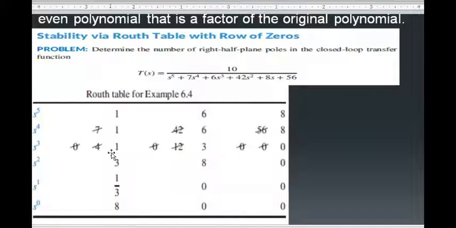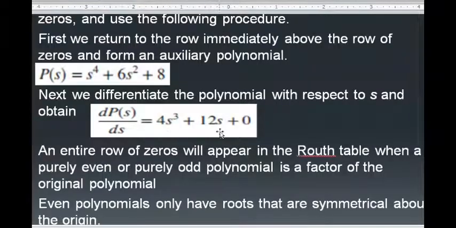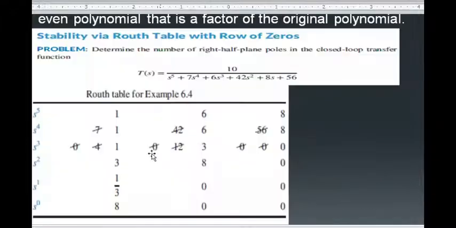Only in this case it looked a little complicated because 4 and 12 are also divisible by 4, so you get 1 and 3. It's the same. Maybe in other cases they are not divisible, so you can just write the coefficients which were here. Okay, if it was 5 and 12, you could have just written 5 and 12 here. All right, so you have this situation here.